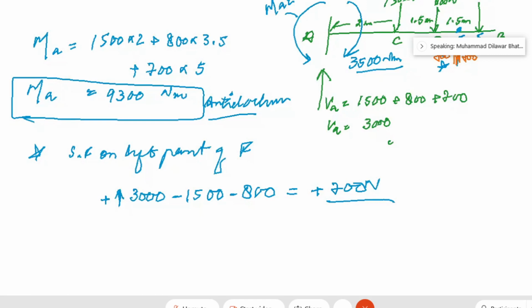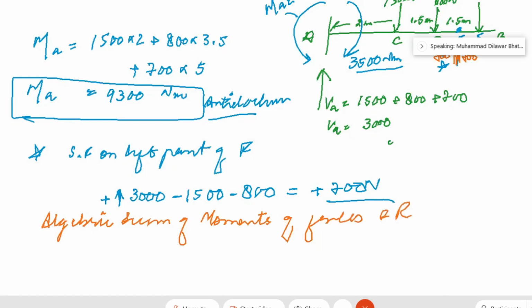It is the algebraic sum of forces, moment of forces and reactions on either side of the section.